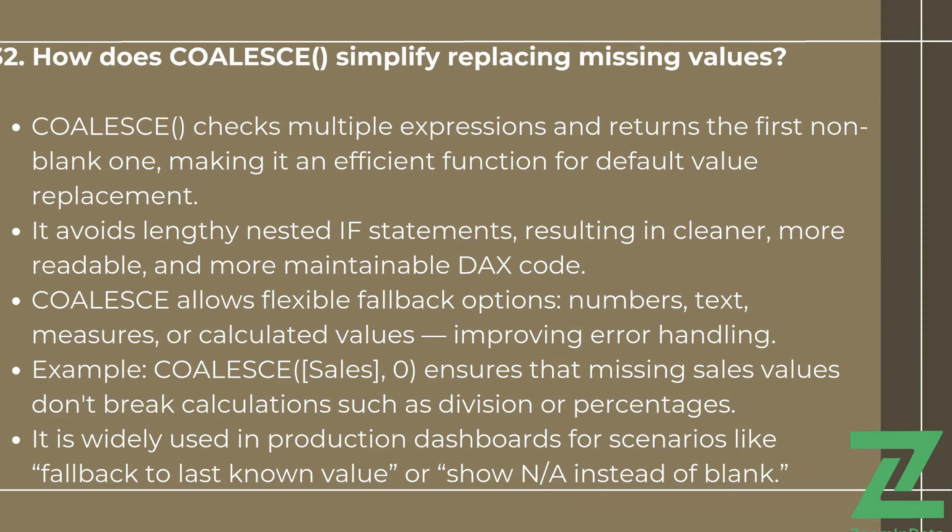32nd question. How does COALESCE simplify replacing missing values in DAX? The COALESCE function checks multiple expressions and returns the first non-blank value, making it efficient for replacing missing data. It avoids lengthy nested IF statements, resulting in cleaner, more readable, and maintainable DAX code.